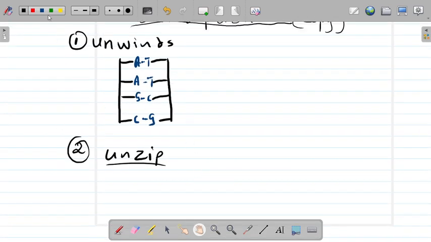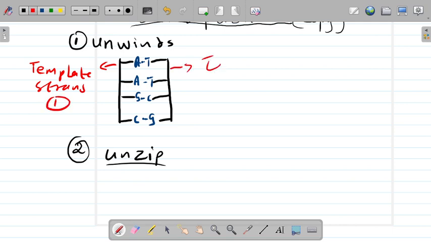So these two strands are the original ones, called the template strands. This is template strand 1 and on the right this is template strand 2. Good.